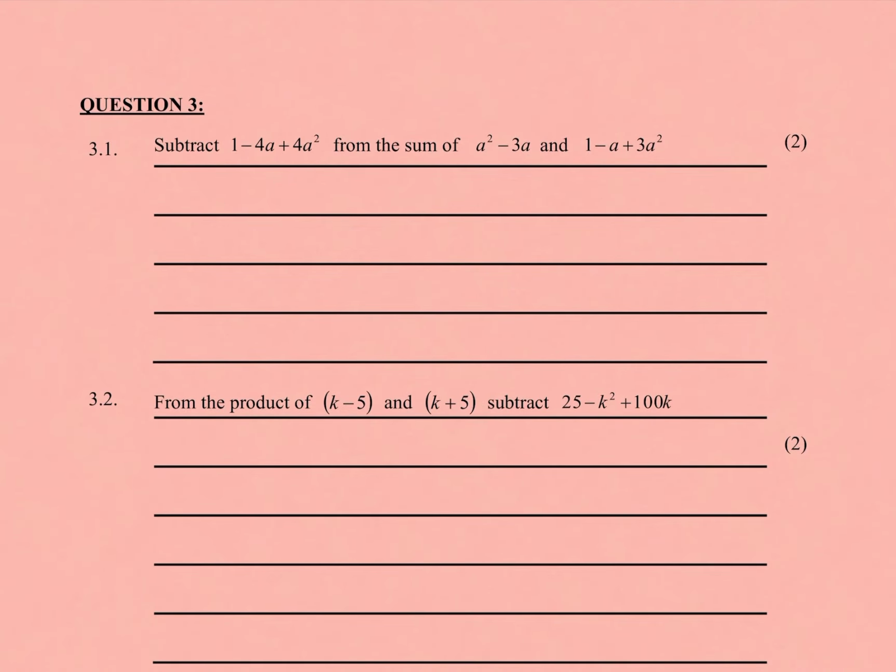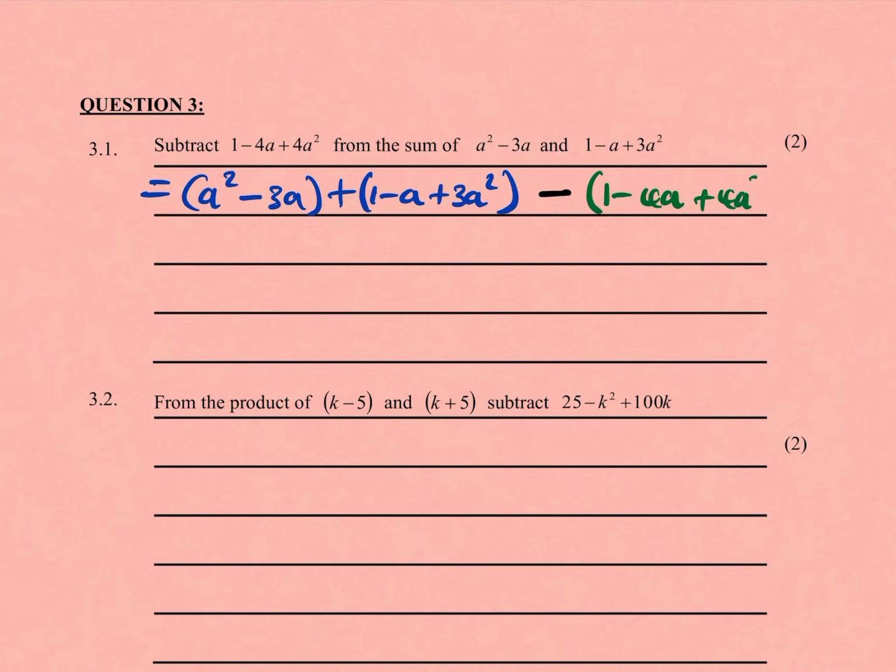Now let's check question 3. It's not really difficult, it's straightforward as well. They say subtract that one from the sum of that. So this is the direction from the sum. Let's get the sum: that is a squared minus 3a plus 1, minus a plus 3a squared, and then I have to subtract that, that is 1 minus a, plus 4a, plus 4a squared.